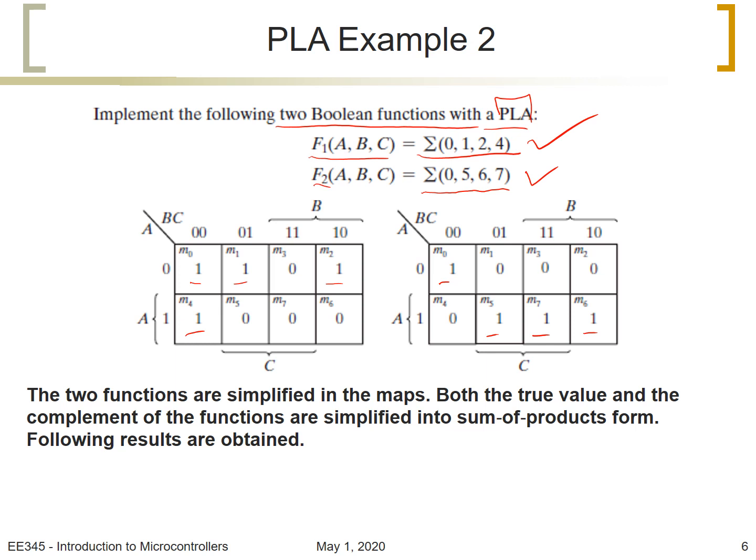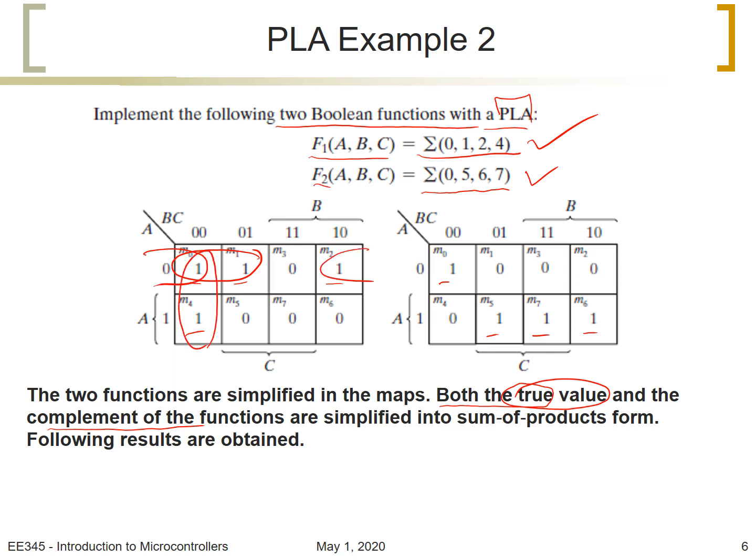Now, the 2 functions are simplified using the Karnaugh maps, and in order to get the best PLA implementation, we have to find both the true value of the function and the complement of each function, in order to see what is best to implement. For this one, if we take the ones, F1 will be this loop, and this loop, and this loop.